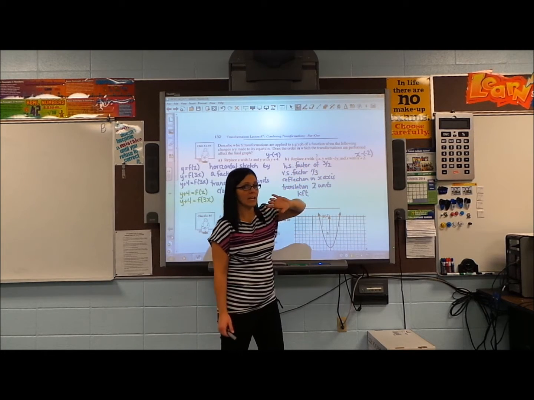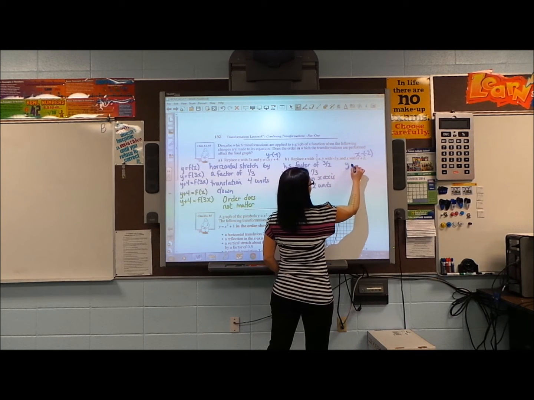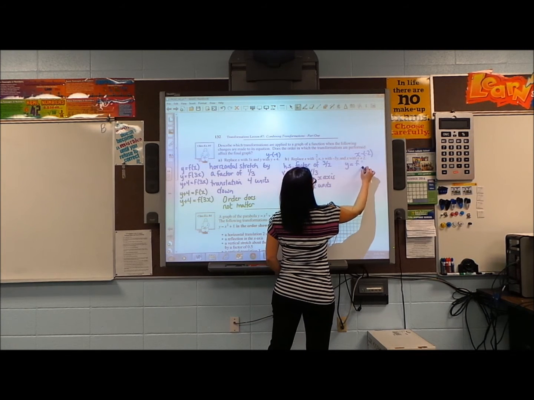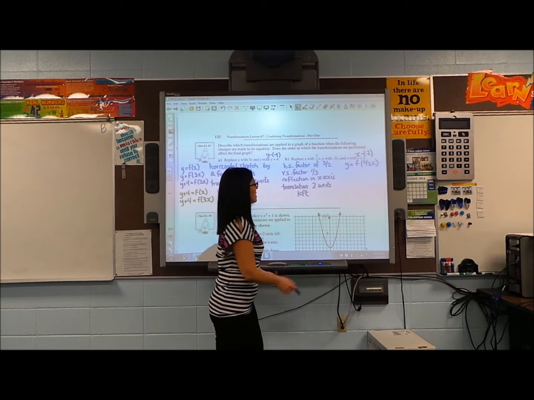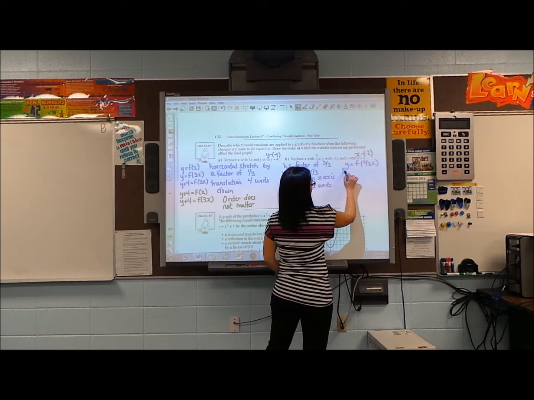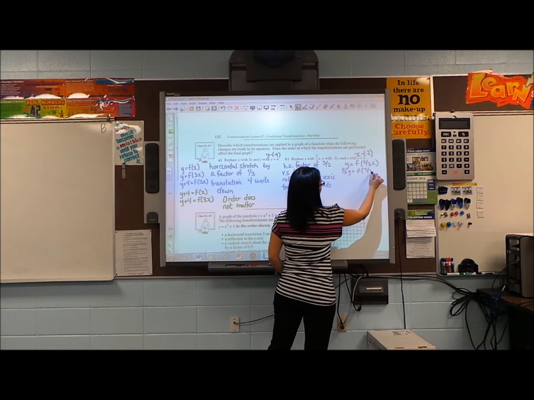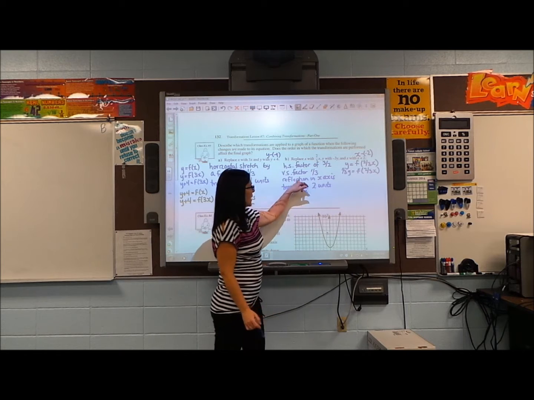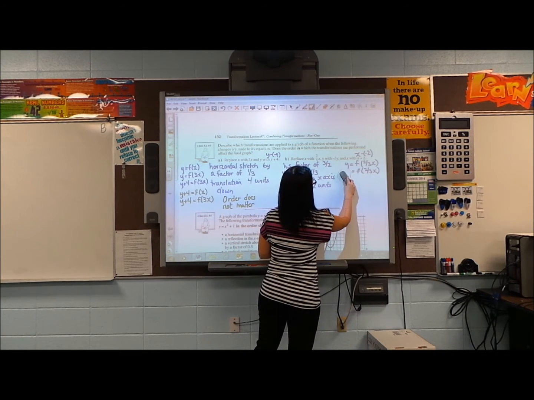Okay, together, replacing in my y equals f of x, I would get y equals f of 2/3 x. That's this replacement. Vertical stretch of a 1/3. I now get 3y equals f of 2/3 x.